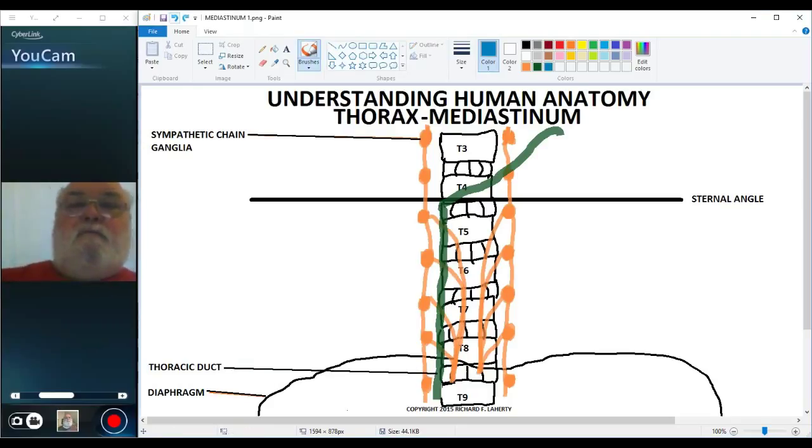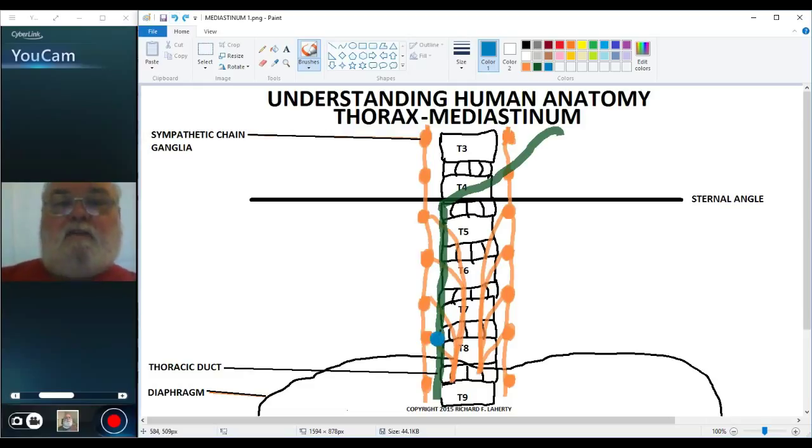Recall when I talked about the intercostal space, I mentioned that there was an intercostal nerve, an intercostal artery, and an intercostal vein. That intercostal vein has to drain into a larger vein before returning to the heart. And we're going to find that there are a couple of different veins depending on which side of the body we're on.